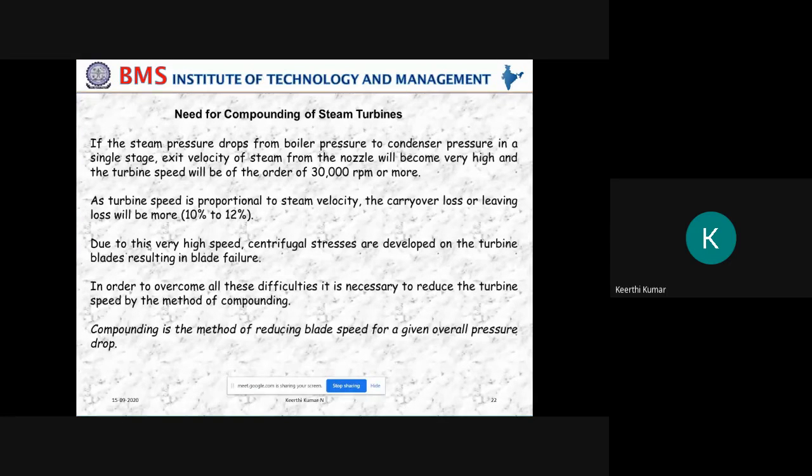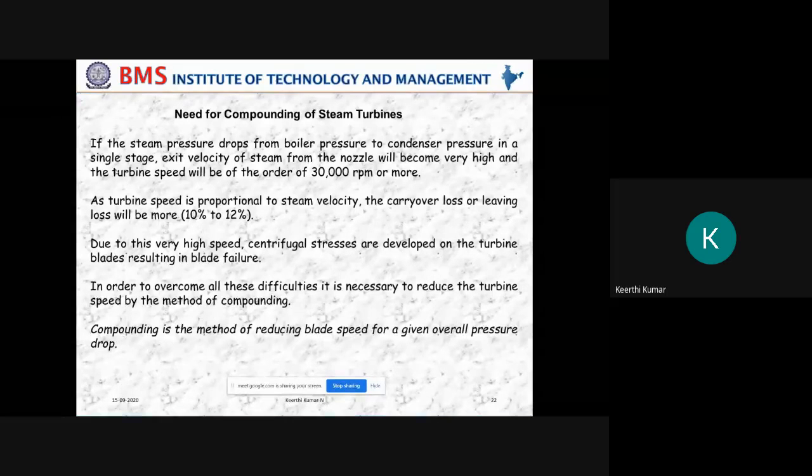Due to this very high speed, the centrifugal stresses are developed on the turbine and its blades, resulting in blade failure. In order to overcome all these difficulties, it is necessary to reduce the speed of the turbine by any one method of compounding. So compounding is the method of reducing the blade speed for a given overall pressure drop.